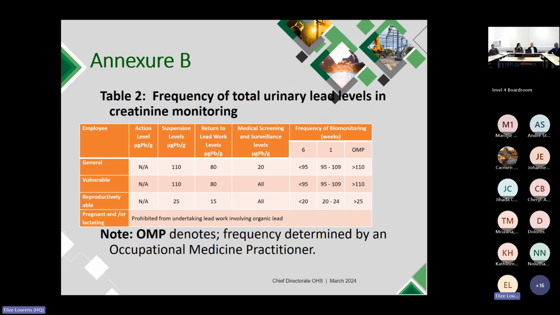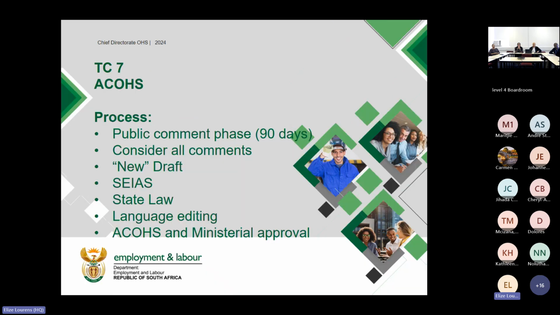So you'll see, although the current or old regulations also have tables, it's a different approach. Those tables talked about the phase-in period, where there were set targets for everybody to follow. Now this is more an indication of the frequency at which specific tests need to be repeated for employees. Now that's it on the regulations.